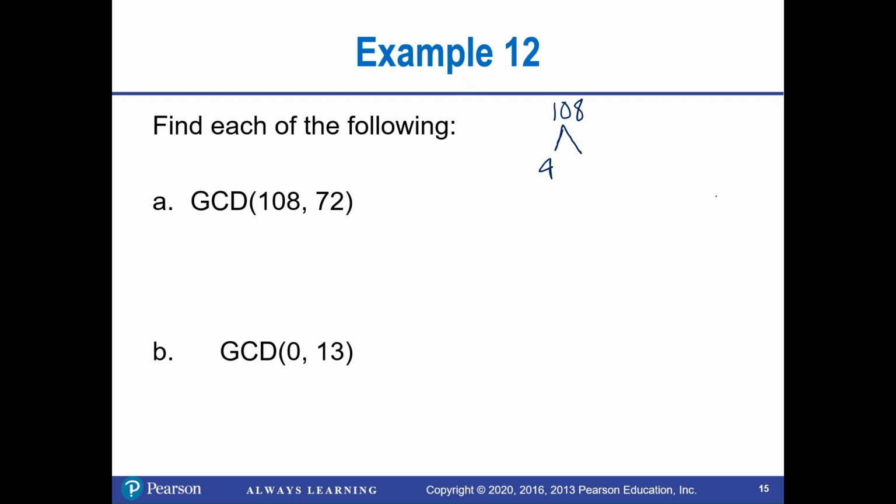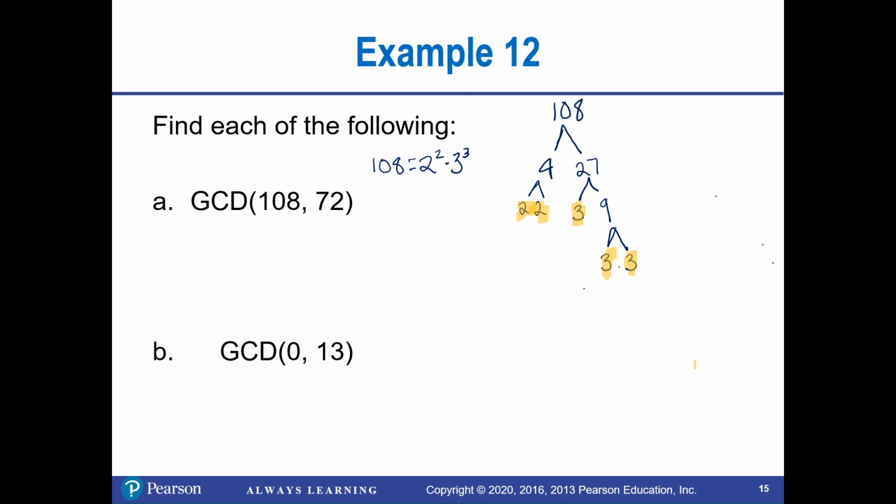So 108 divided by 4 is 27. 27 is divisible by 3 because 2 plus 7 is 9, and 9 is divisible by 3. 27 divided by 3 is 9. 9 is 3 times 3. 4 is 2 times 2. So 108 is 2 2's, so it's 2 squared times, and I have 3 3's, so times 3 cubed.